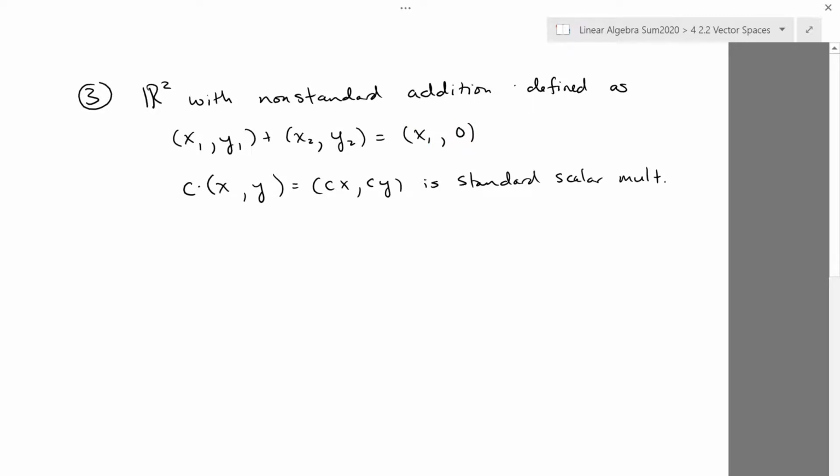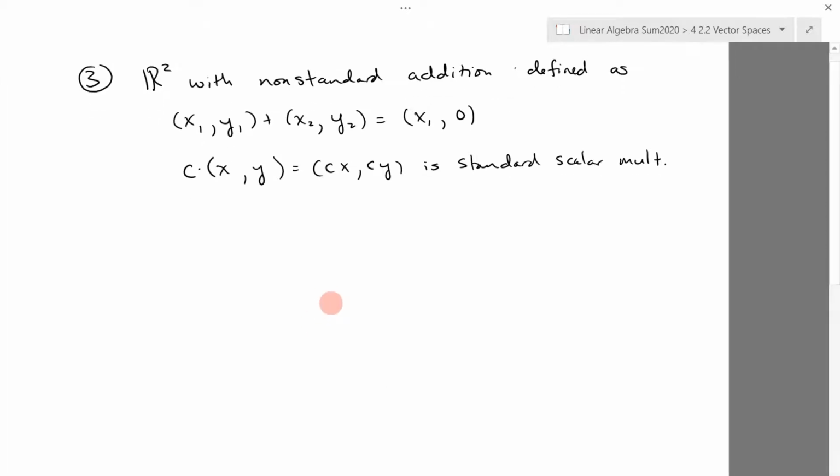Okay, so let's see what happens with these operations, right? So if you think in terms of the closure property for addition, well, obviously the closure property for scalar multiplication should still hold, right? Because it's the standard one. But the closure property for addition also holds, right?